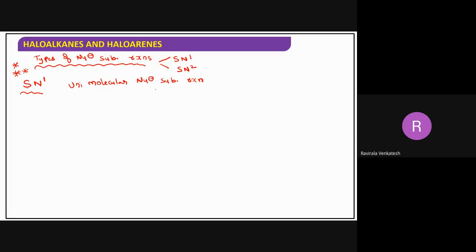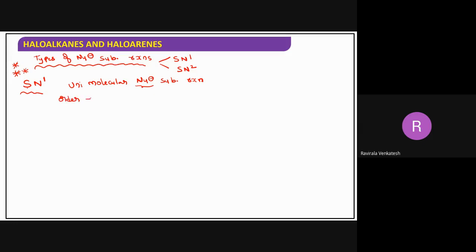Nucleophilic substitution reaction means, as you already know, one in which halogen is substituted by the nucleophile, right? What about unimolecular? In this reaction, only one molecule participates in the rate of reaction. The order of the reaction will be 1.